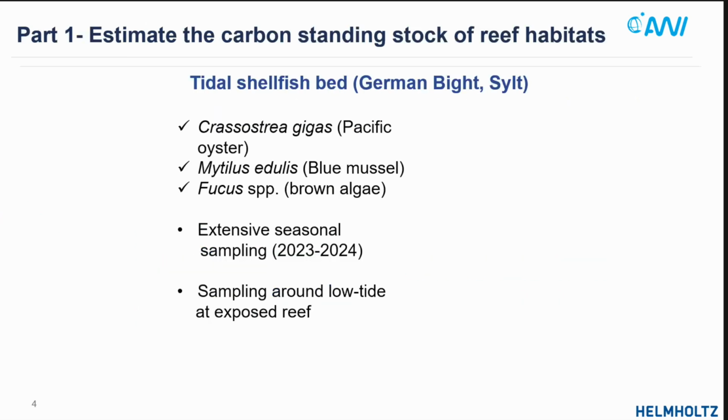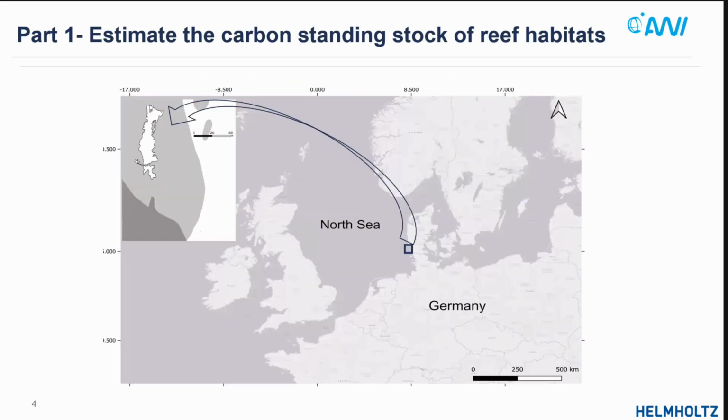Coming to the study area, we had two study locations. The first one was in Sylt in Germany, which borders the North Sea. You can see the location within the rectangle. It is a small island in the North Sea in Germany.